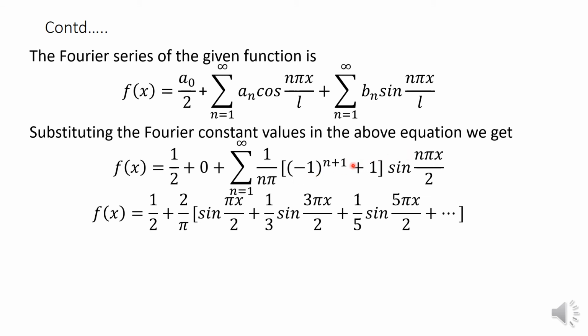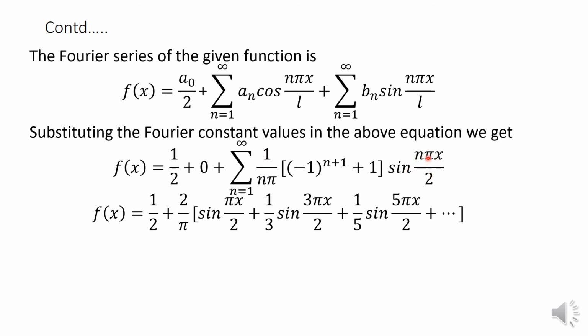For odd terms, we are going to get 2 here. Therefore we write the 2 by pi outside. This is the term we get for n is equal to 1. You see, 1 by 1 into sin 1 pi x by 2.